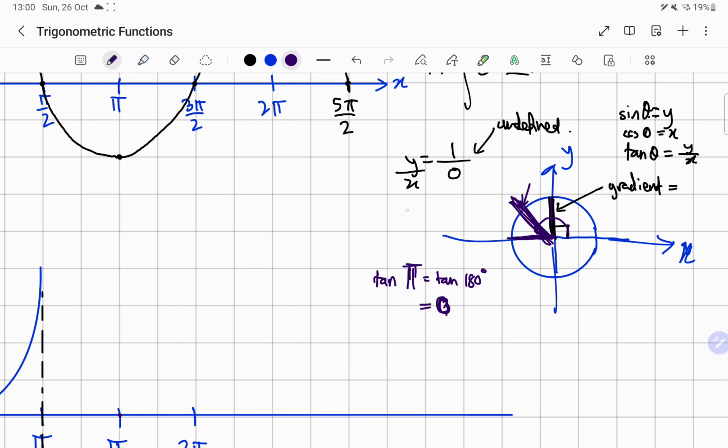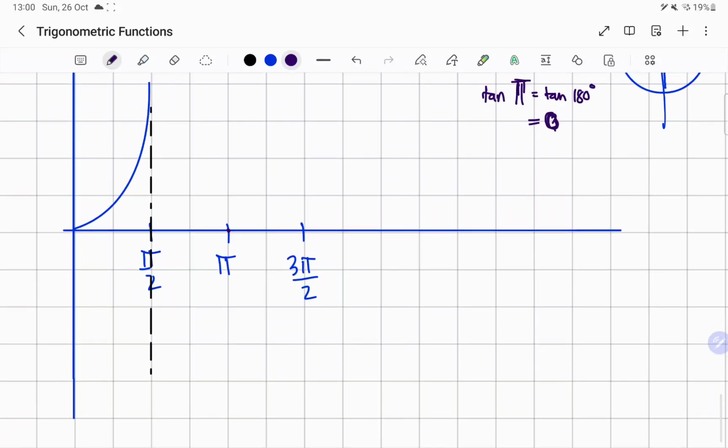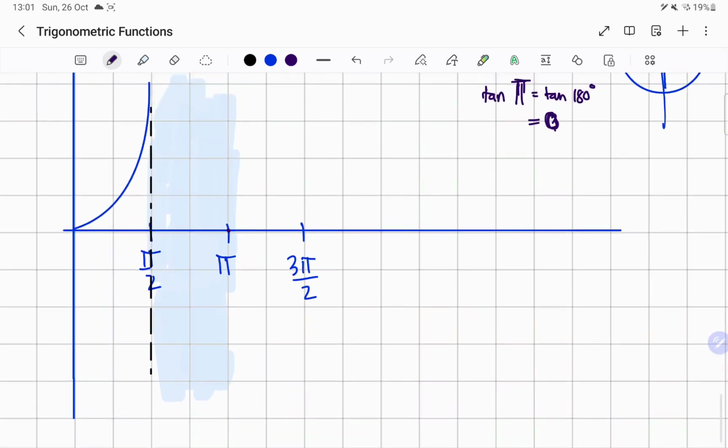Or if you take the y coordinate, it is positive but the x coordinate is negative, so y over x is a negative number. So the tangent of anything in the second quadrant, this blue area here, is a negative number.